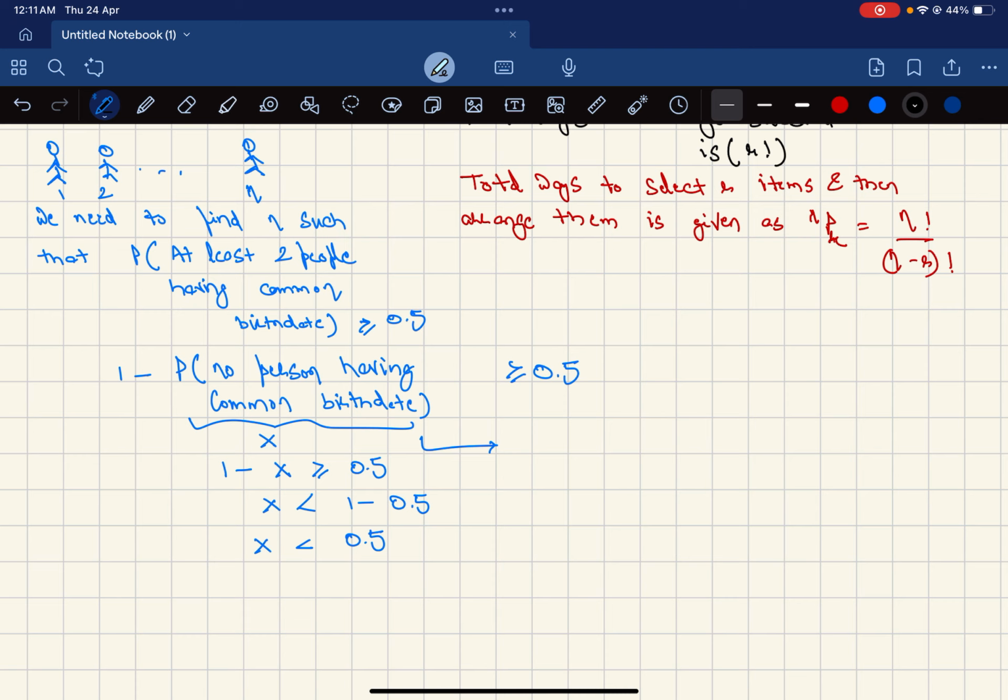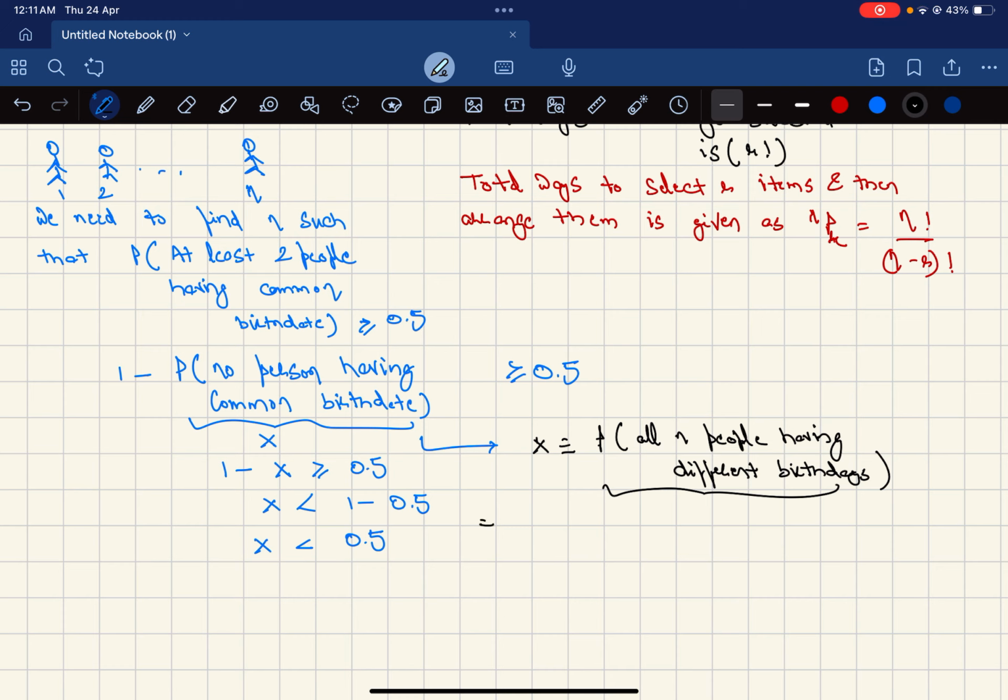The probability of no person having a common birthday is the same as the probability of all n people having different birthdays. Now, how do we calculate this particular probability?